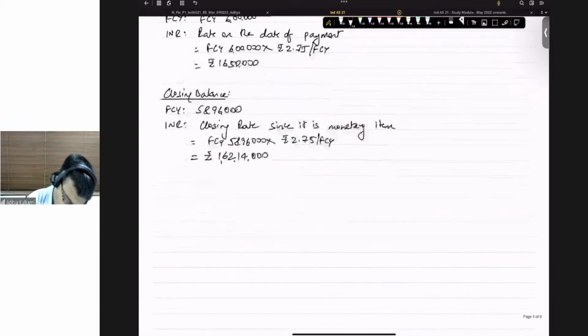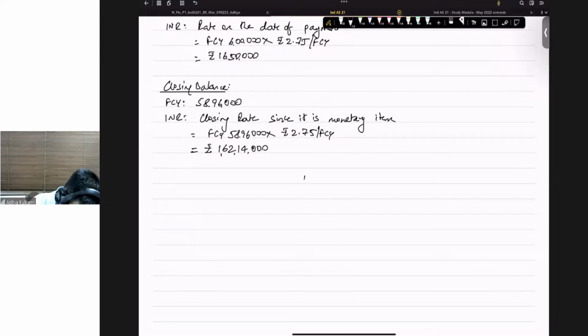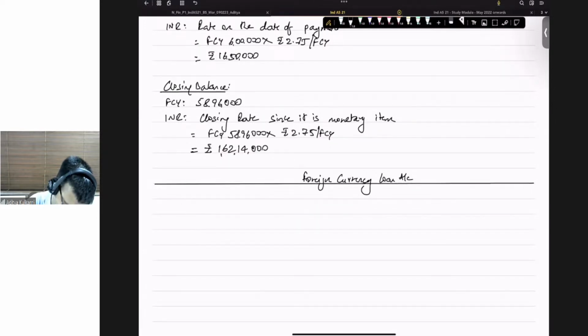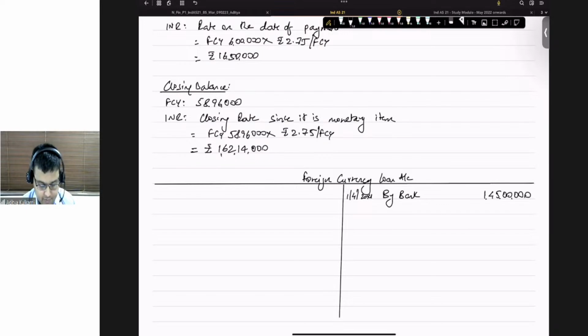Okay. So now if I prepare a foreign currency loan account, just a small loan account, and let us record the transaction. On 1st April X1, you have taken the loan, so by bank, 1,45 lakhs.